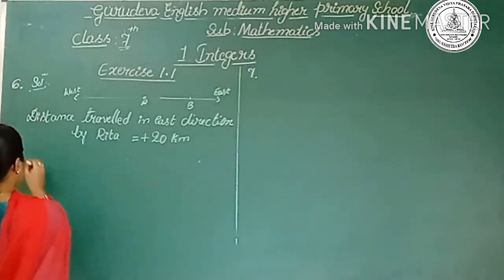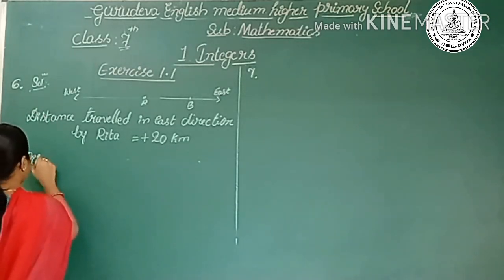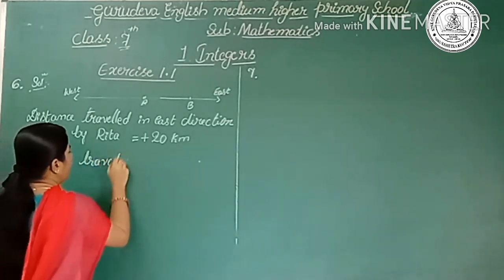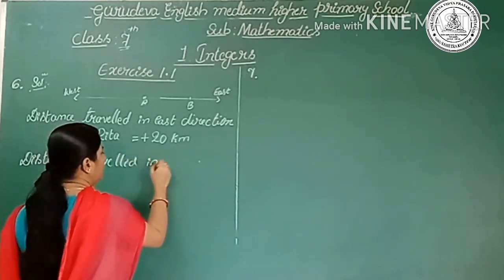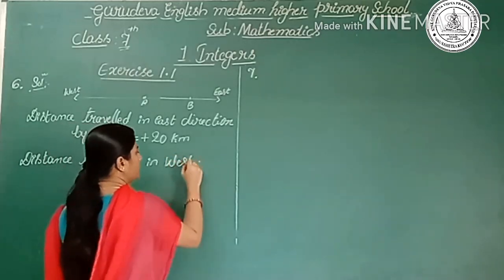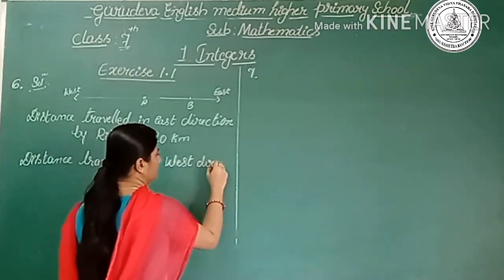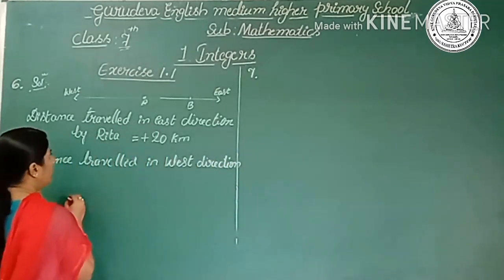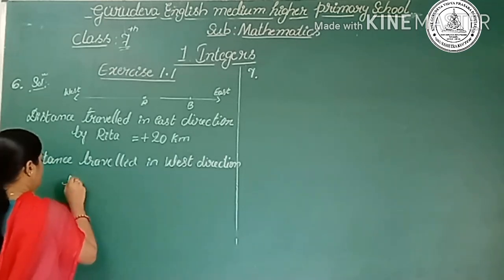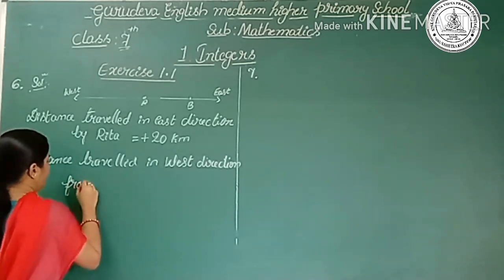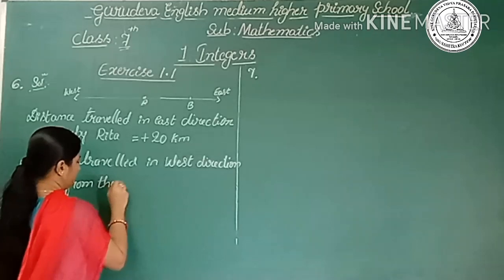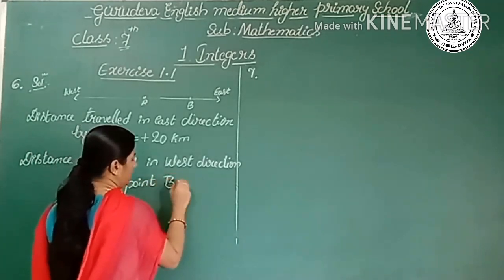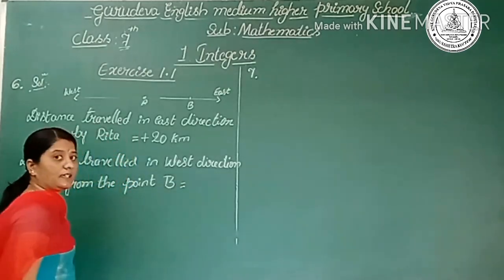So we have to take it as a positive integer. The next one, the distance traveled in west direction from point B is 30 kilometers.